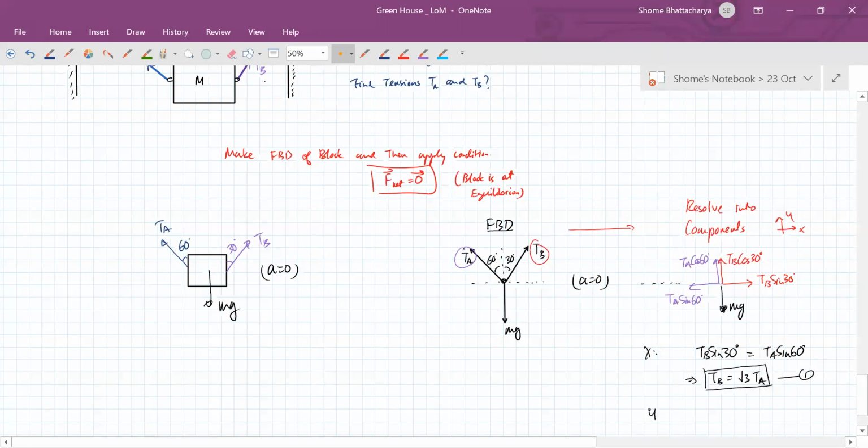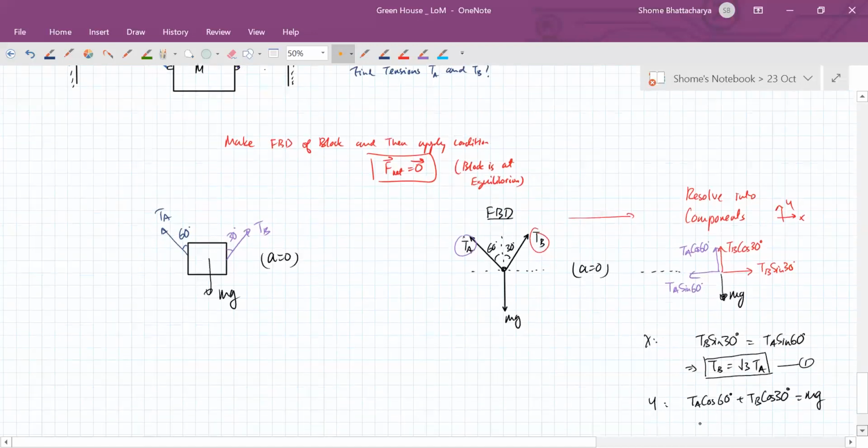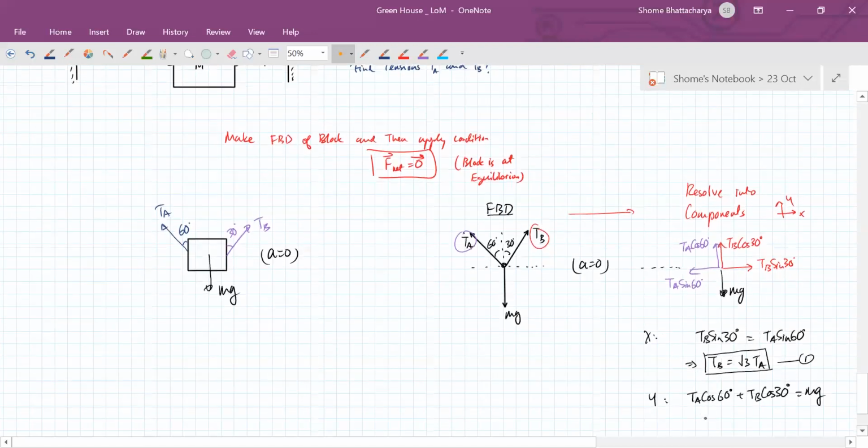And along the vertical direction we have TA cos 60 plus TB cos 30 is balancing the weight. So we have... and the weight was how much?